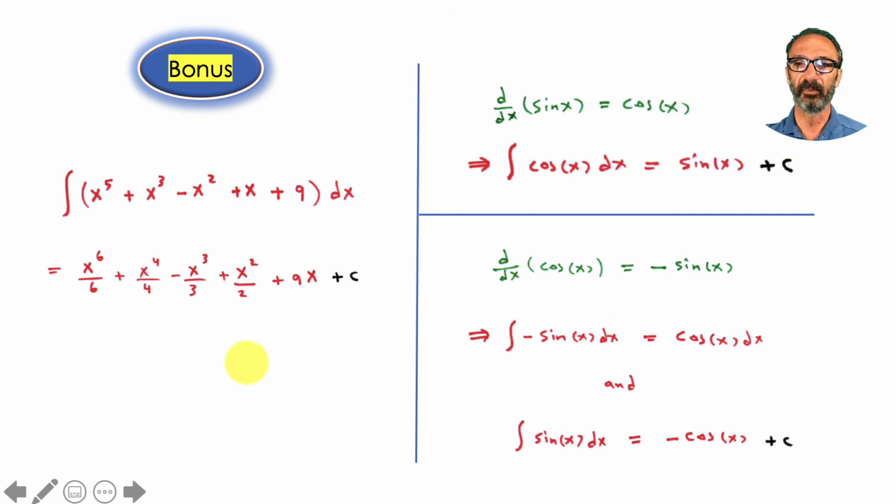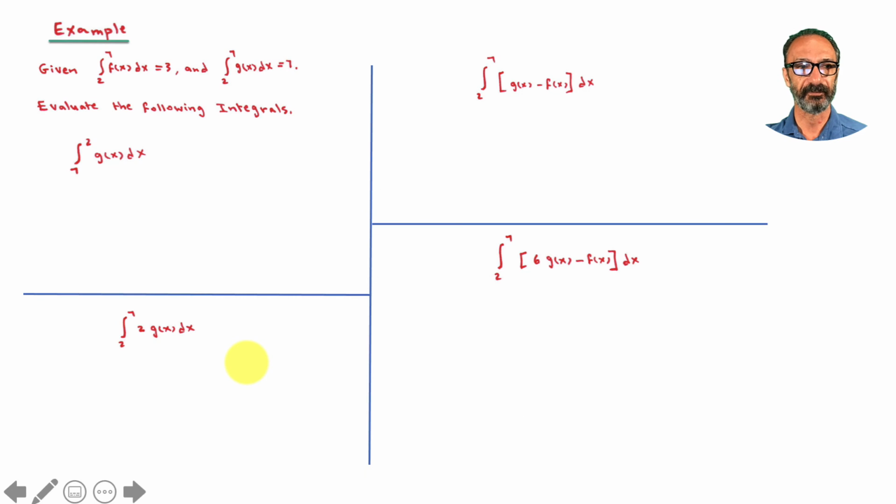Let's go back to practical examples of properties of integration. So from 2 to 7, integration of f gives you 3. From 2 to 7 of g of x, integration gives you 7. Evaluate the following integrals. I have 4. Let's take care of them one by one. This one is g, so I have to look here. 7 to 2, 2 to 7.